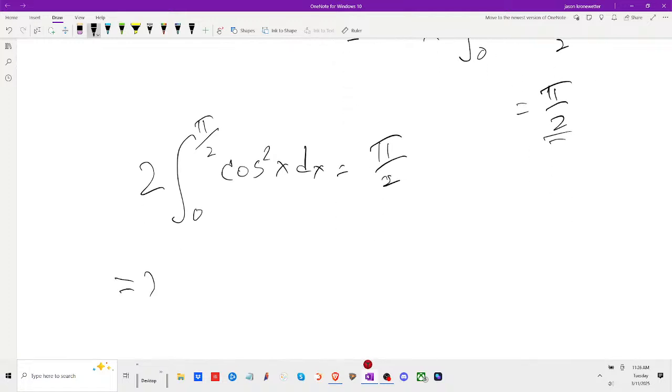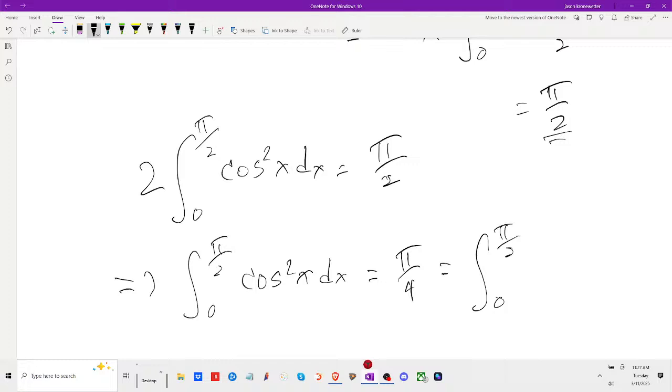That means that the integral we were asked to find, cosine squared x dx, is equal to pi over 4, and that's also equal to the other integral they wanted us to find, which was the integral from 0 to pi over 2 of sine squared x.